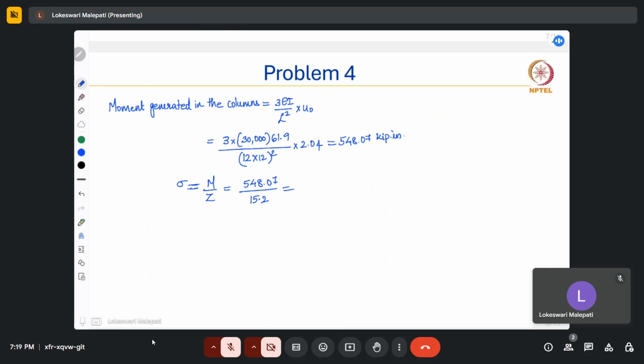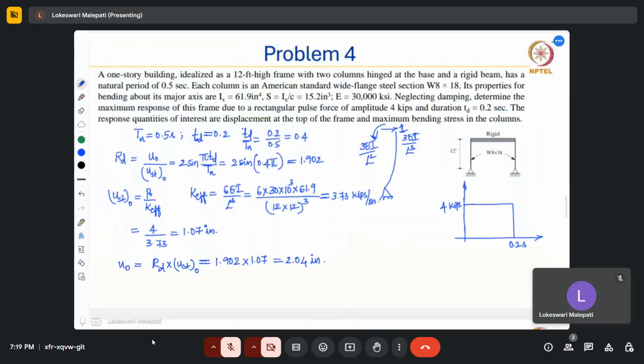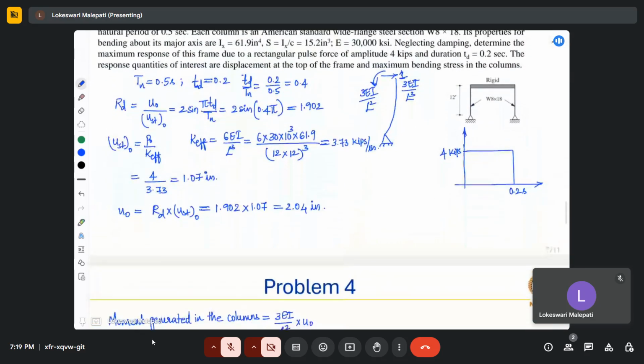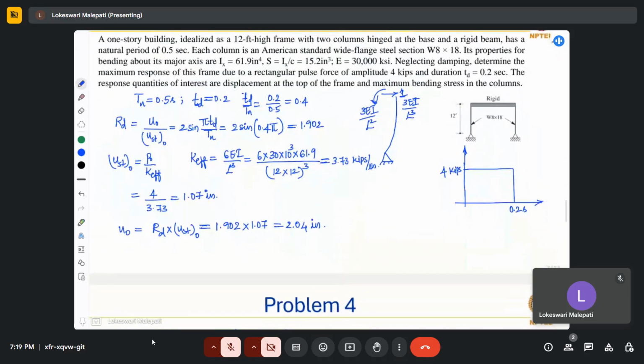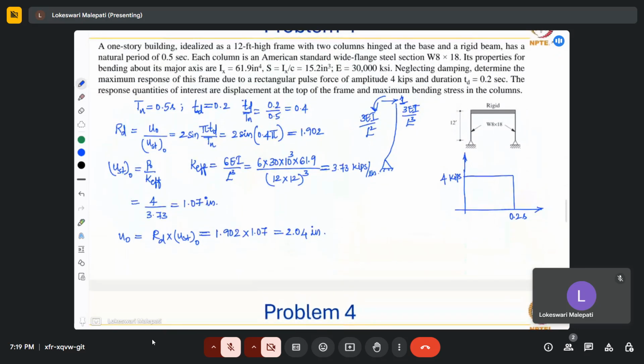This would give a value of 36.06 ksi. So these are the two parts of the question. One is the maximum displacement at the top of the frame, and the other is the maximum bending stress in the columns.